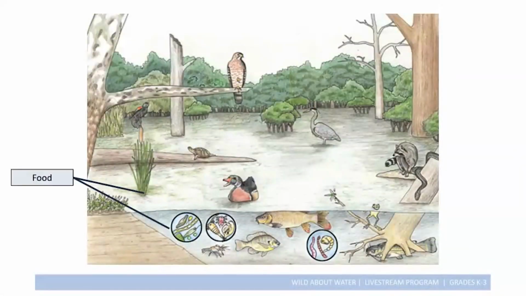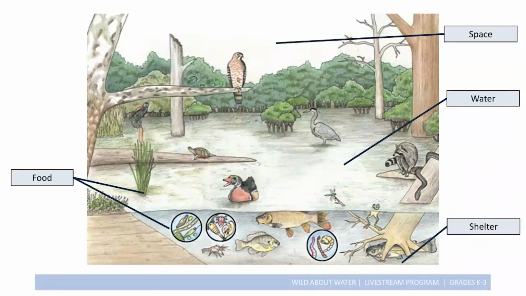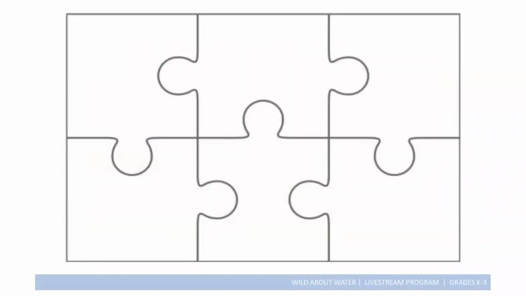We've got food, water, and shelter, which is a place where an animal finds safety and is a place for them to hide from predators and stay warm and sleep. Along with that, in a successful habitat, these animals have enough space and they'll find a place to raise their young.